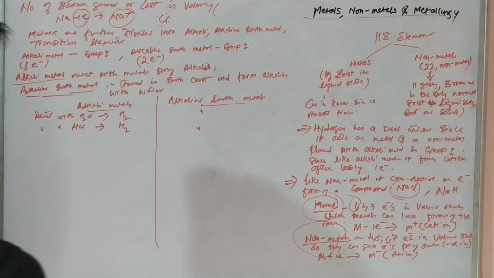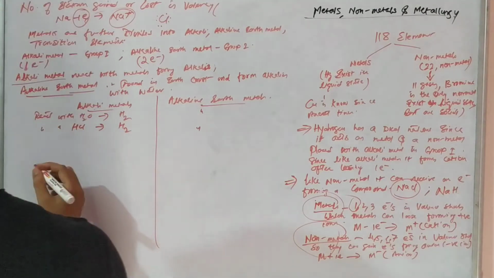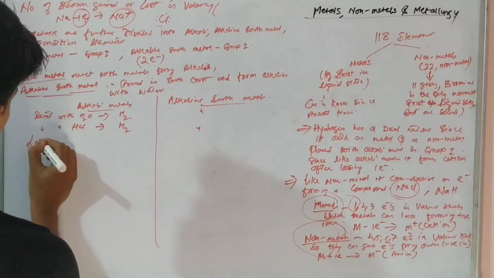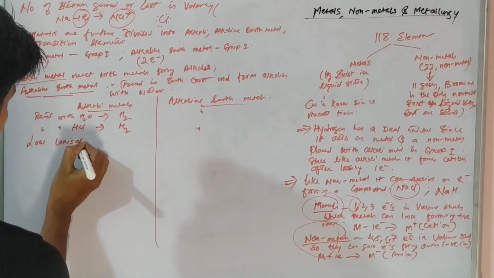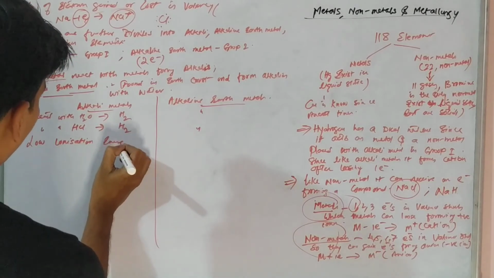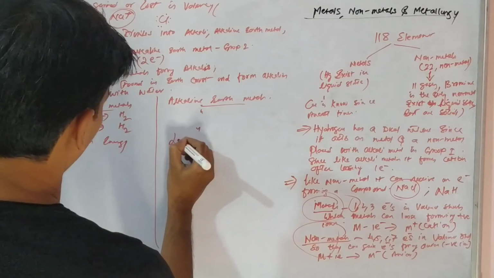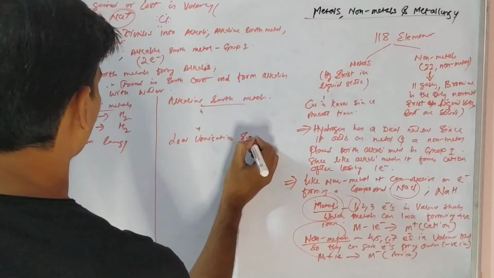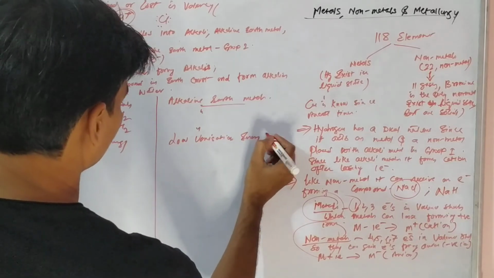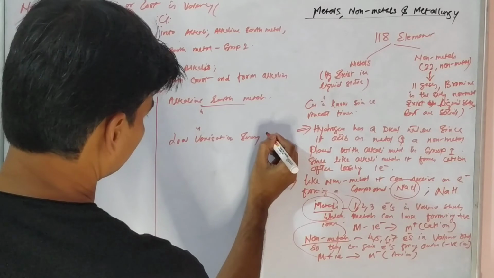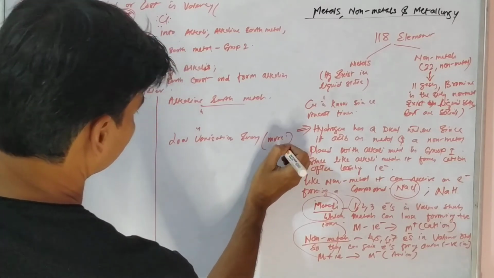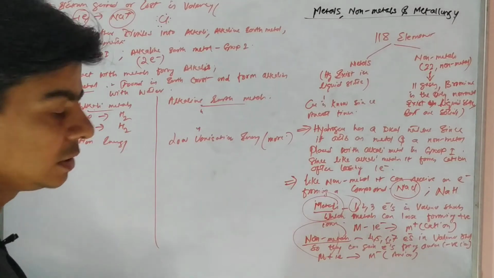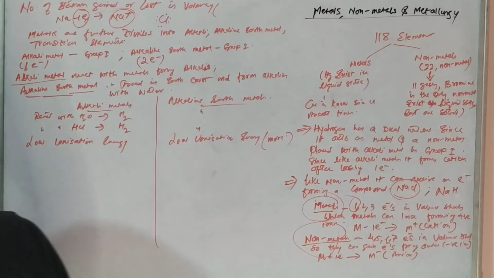Alkali metals have low ionization energy, and alkaline earth metals also have low ionization energy, but alkaline earth metals have ionization energies more than alkali metals.